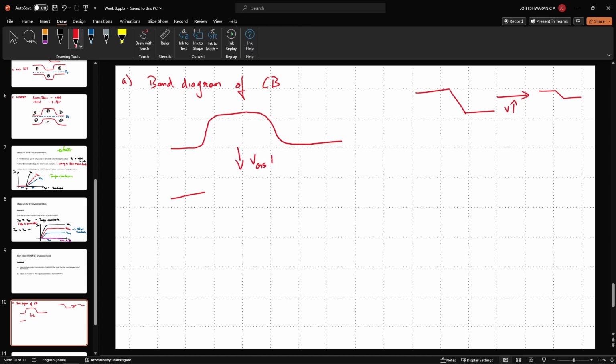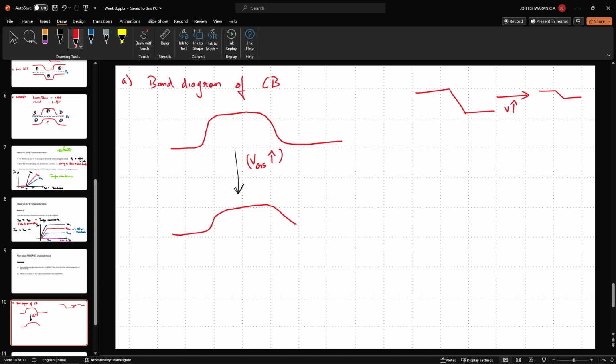VGS, if it increases, like this is what is happening, then I will use double arrows to show that transition. Or rather I will use a different color. What will happen is this barrier height is going to come down.